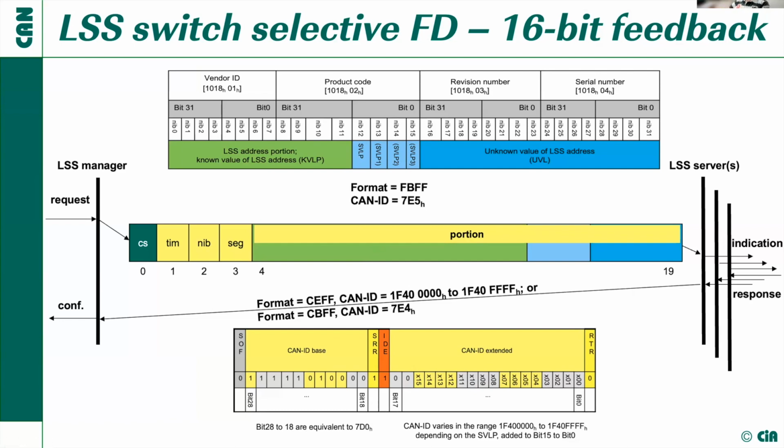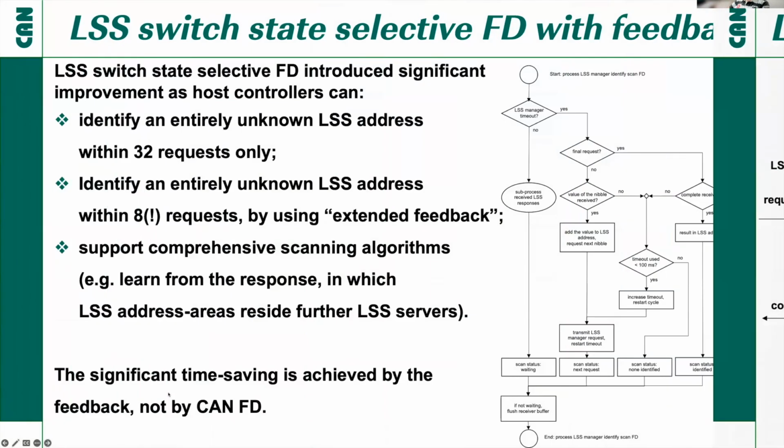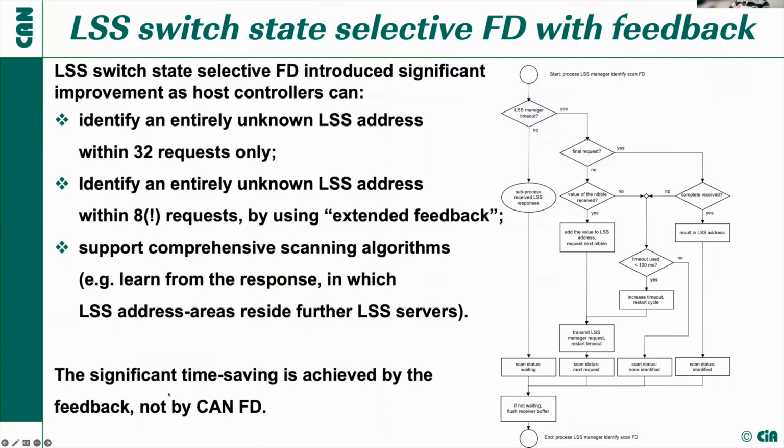And therefore, you can dramatically shorten the times for scanning. And yeah, this is the biggest improvement that we reminded us, hey, there can be a feedback from the LSS servers to assist the LSS manager in scanning for unknown devices.